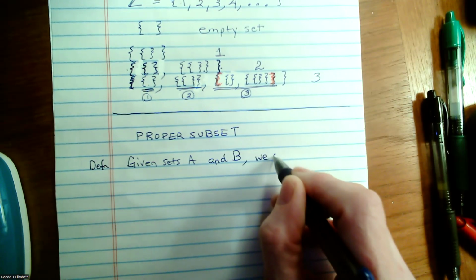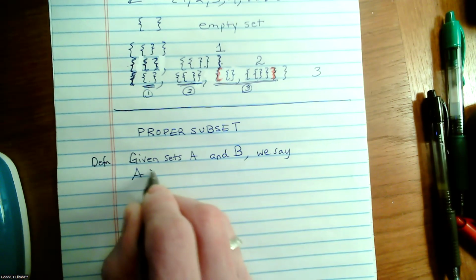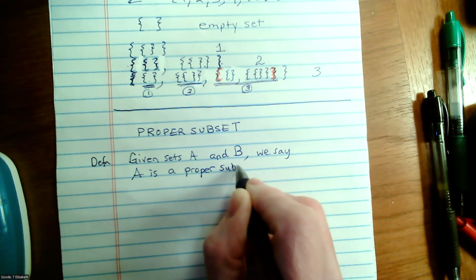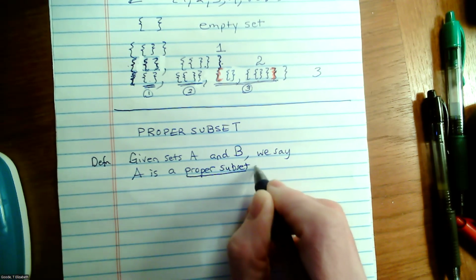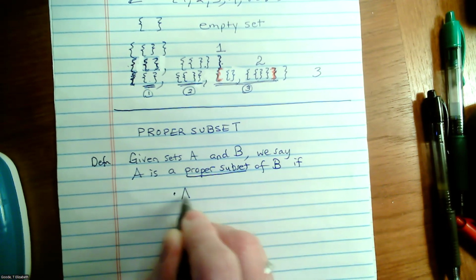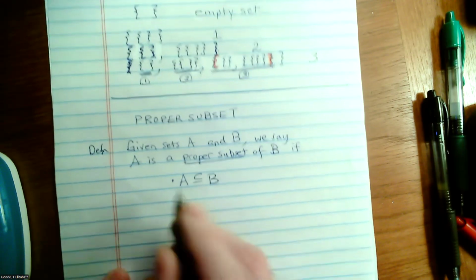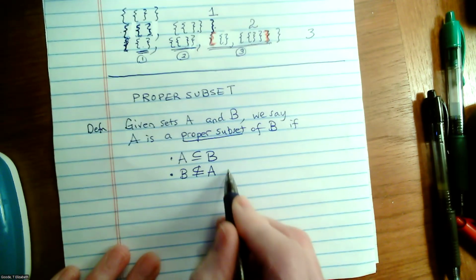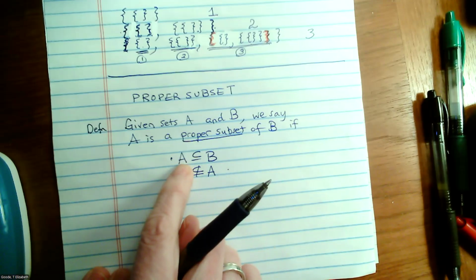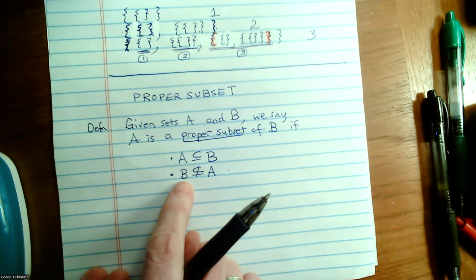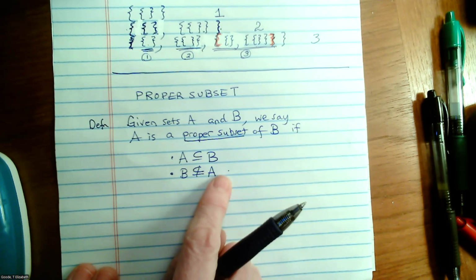We say A is a proper subset of B if two things: A is a subset of B, but B is not a subset of A. In other words, every element in A is also an element in B, but B isn't a subset of A. In other words, B has at least one element that's not in A.